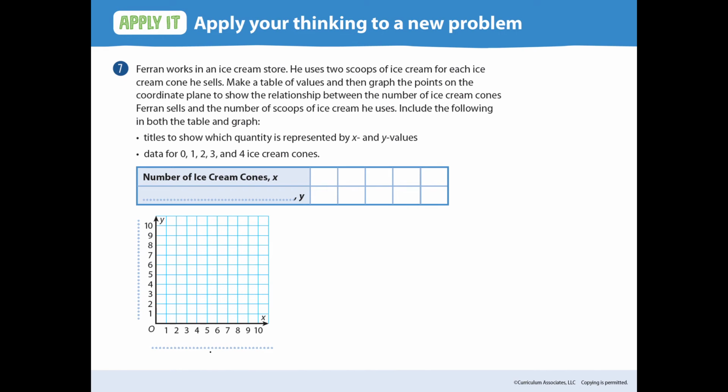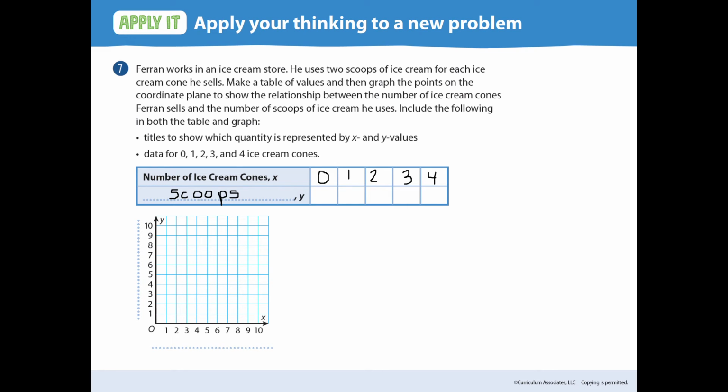So we're going to fill in, I'm going to do the number of ice cream cones first, and we need 0, 1, 2, 3, and 4 ice cream cones. So the next one, this value right here, would be the number of scoops. So number of scoops would be our Y value.